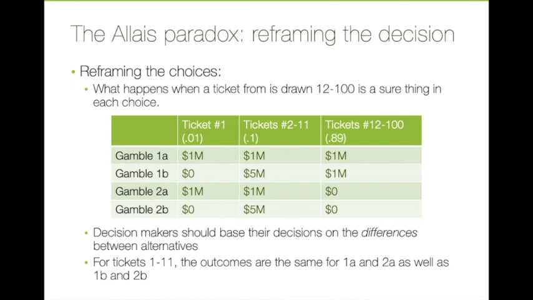So by reframing this decision, it's easier to see the parallels between the A options and the B options. And then this makes it clear that if you prefer the B option in choice 2, you also ought to prefer the B option in choice 1. Since in the states that make a difference, the B options and the A options are the same.